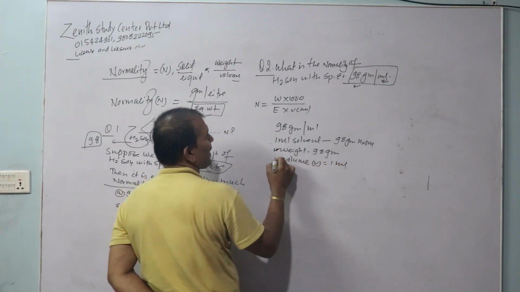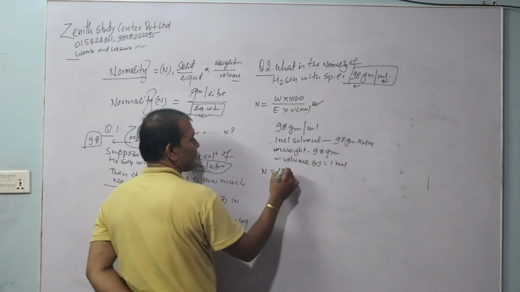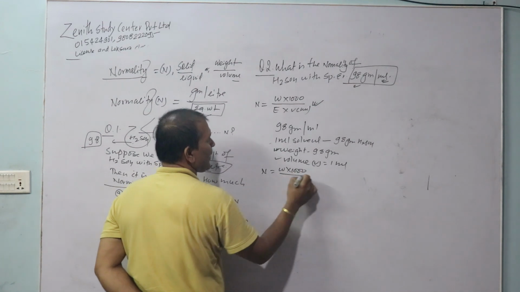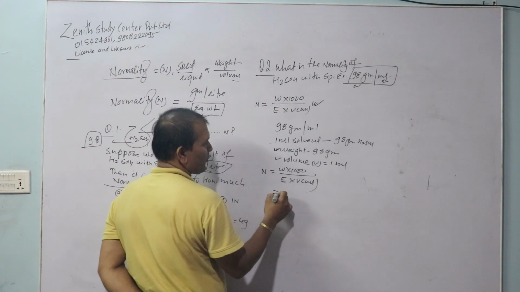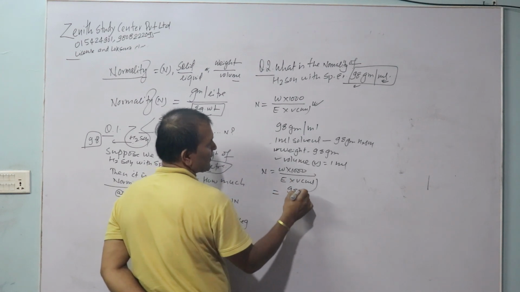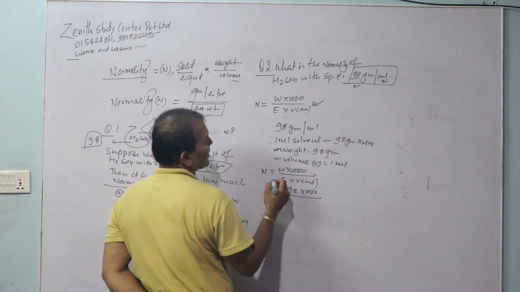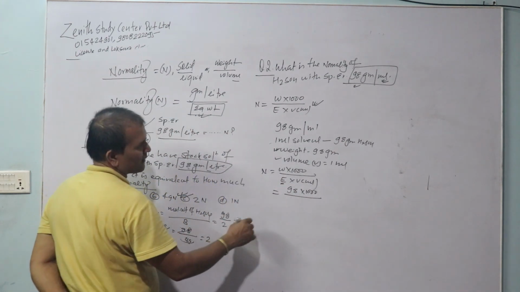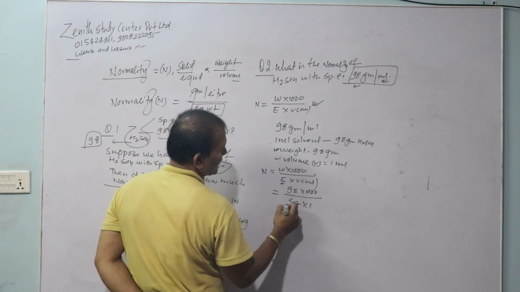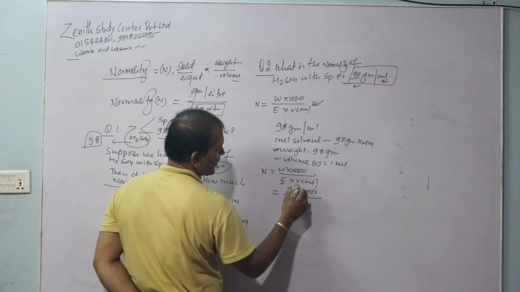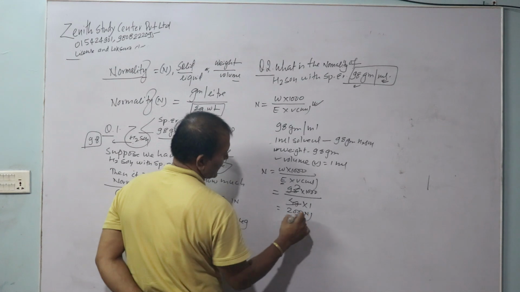Using the formula N equals W into 1000 by E into V ml, we put in 98 into 1000 by equivalent weight 49 into 1 ml, which gives 2000 normality.